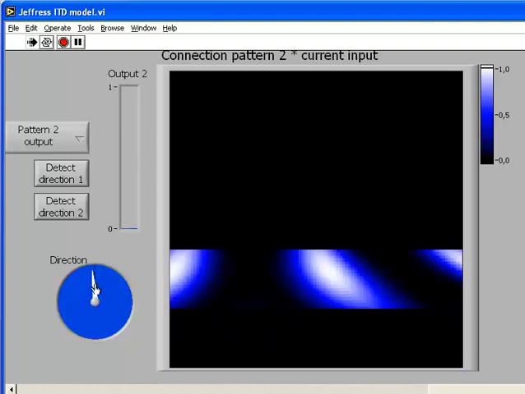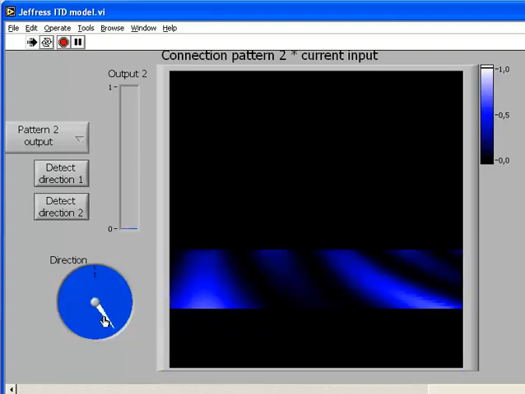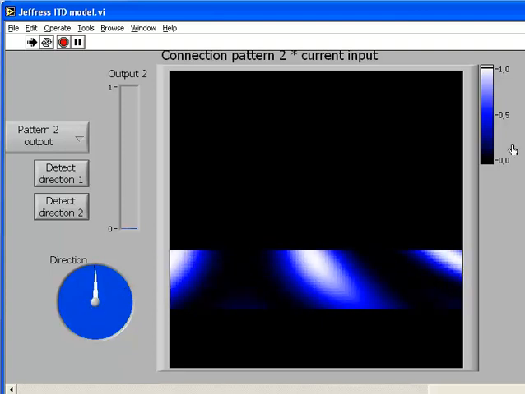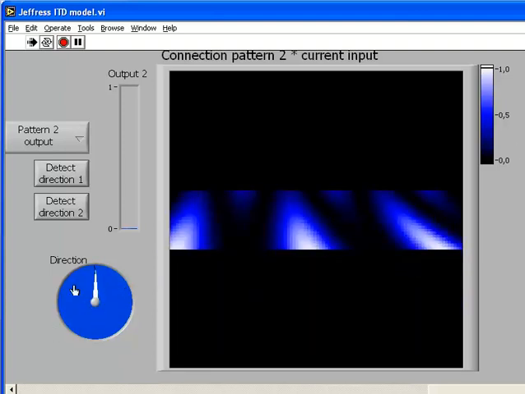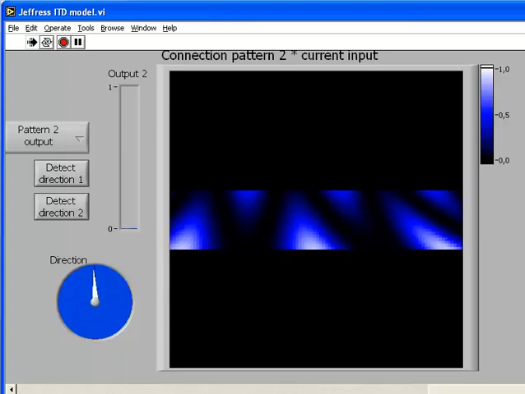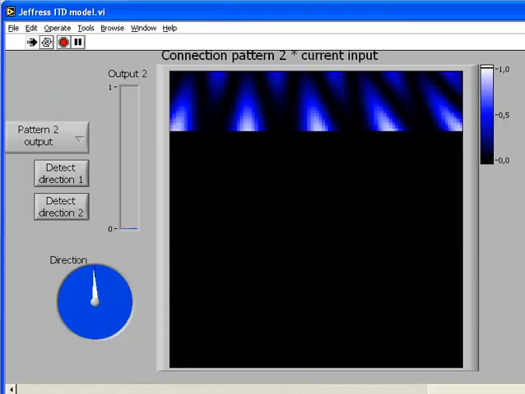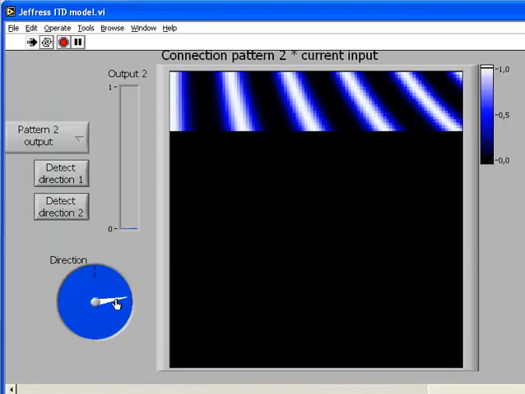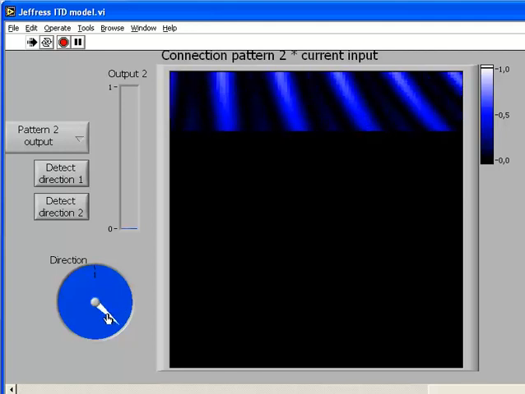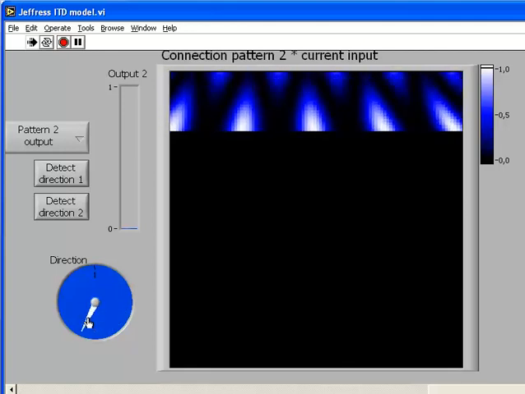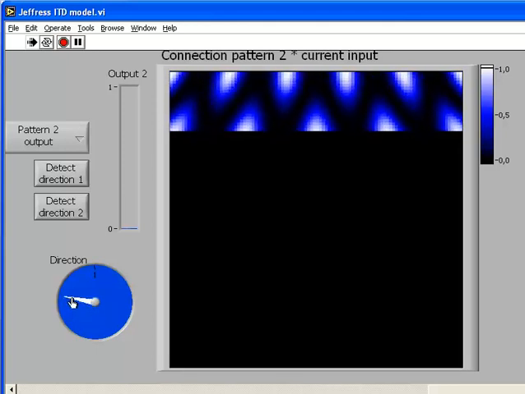If I move to here, again, I get different patterns, and especially if I move to this here, what you then find is that many of the sound directions actually fit the pattern right at the top.